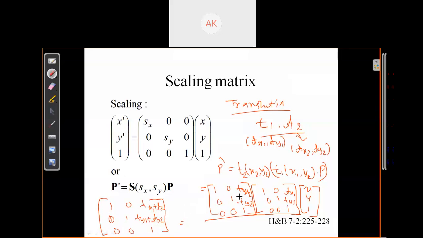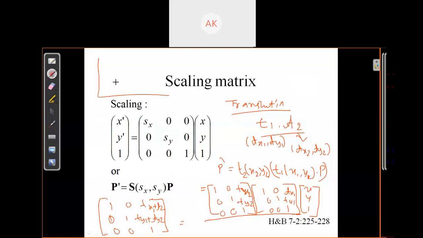This is the single matrix you get when you perform the two translations in a single shot. So with this matrix you get the two translations for the same object.